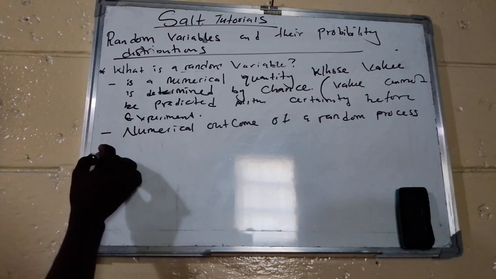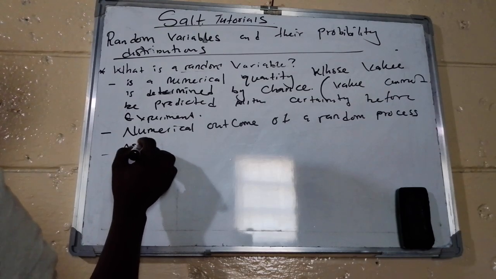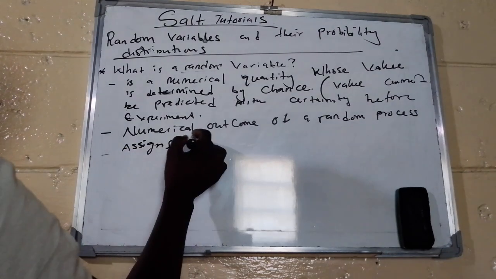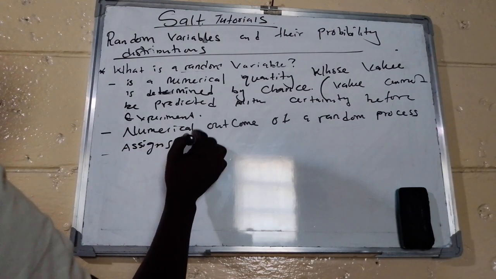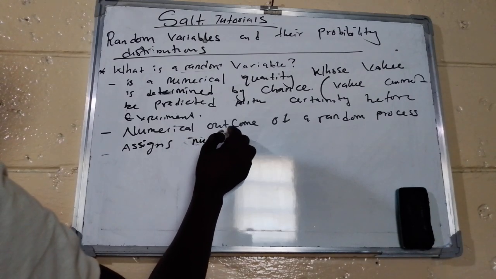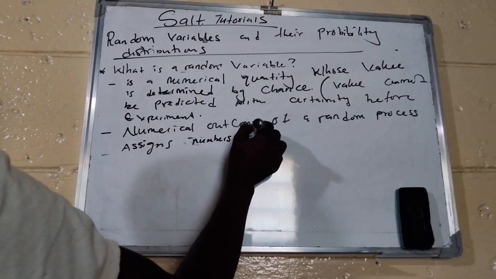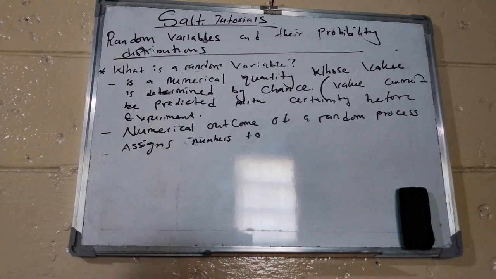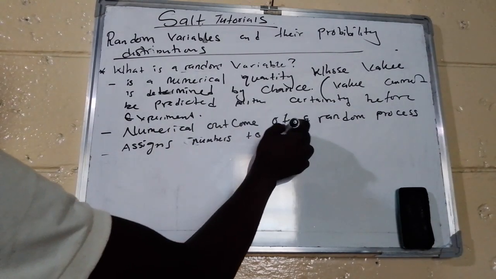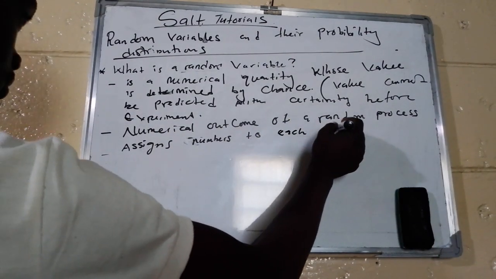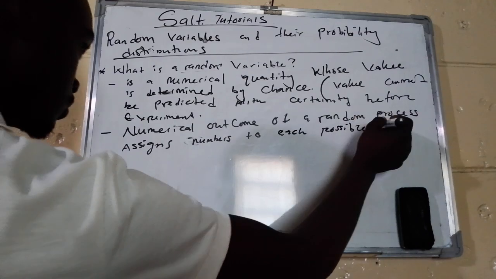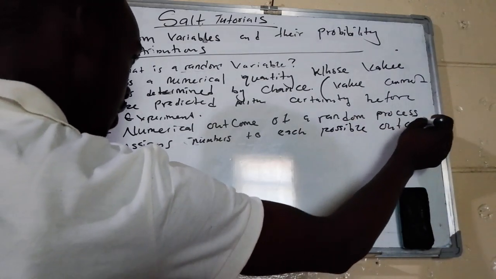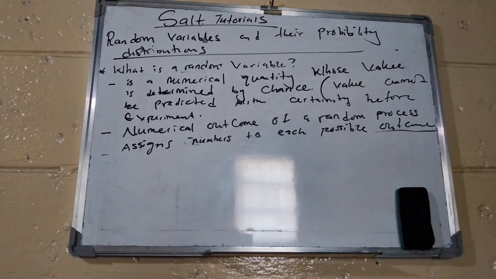So maybe I can just write this point to say it assigns numbers to each possible outcome. We've talked about a lot of outcomes and probabilities.